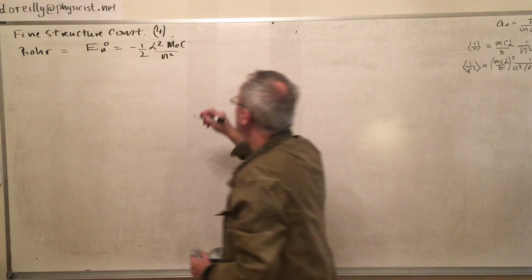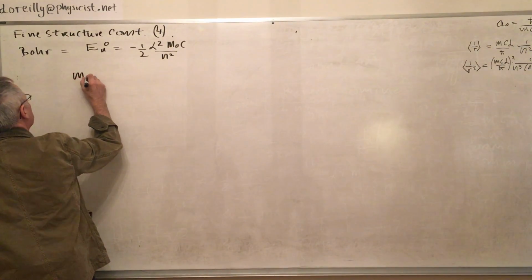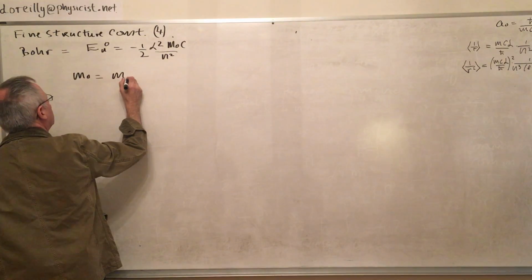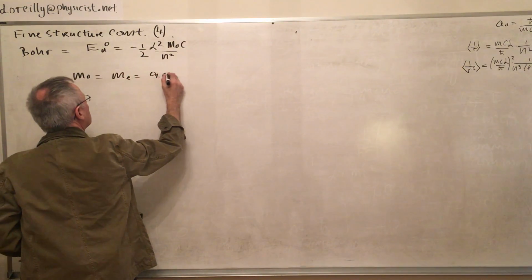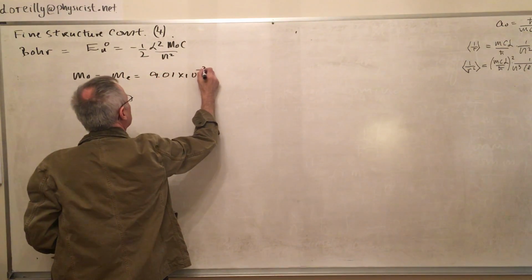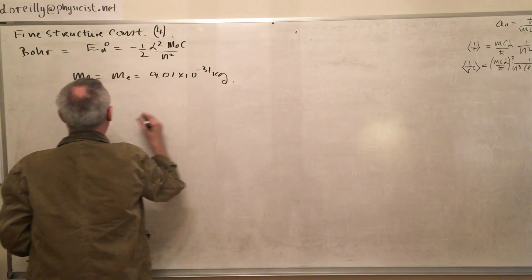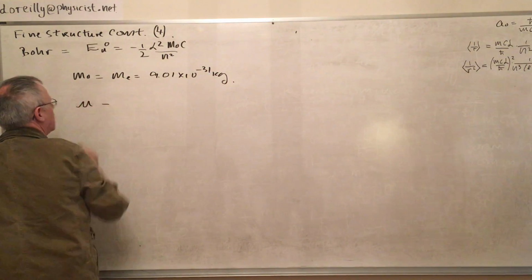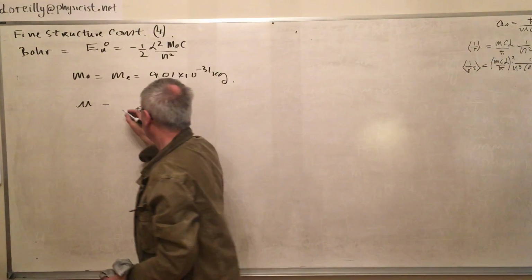Now, this m0 here is really the mass of the electron. But really, it's an approximation to mu.